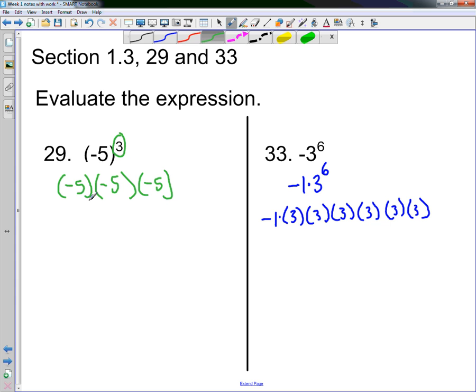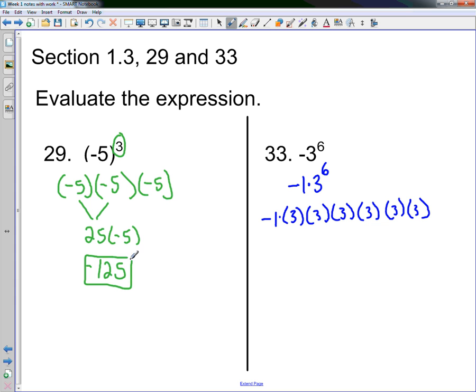The one on the left, we get a positive 25 here times negative 5. And then this gives me negative 125 when we multiply that. On the right, that gives me negative 3 times 3 times 3 times 3, 3, and 3.